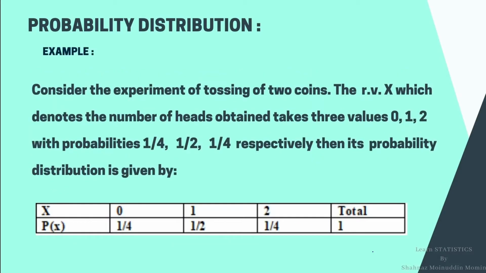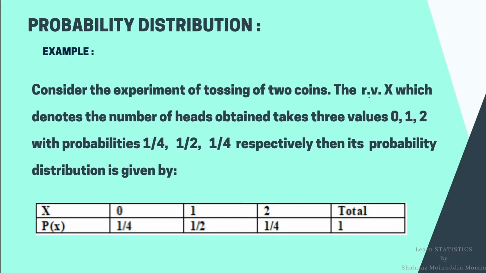So let us consider the example. Consider the experiment of tossing two coins. We know that if we toss two coins, there are 4 outcomes of the experiment. Suppose the random variable x is the number of heads.